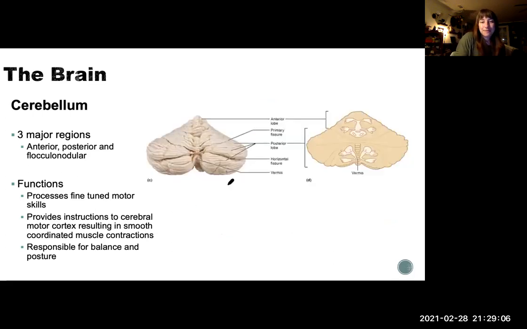Okay. Here it is by itself with another strange little human, little homunculus going on here. So it's kind of showing you which body regions are controlled by which areas of the cerebellum, kind of strangely, right? So the hands and feet, again, are relatively large, right?